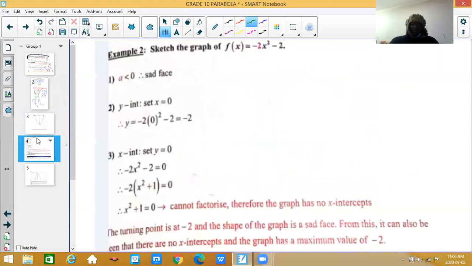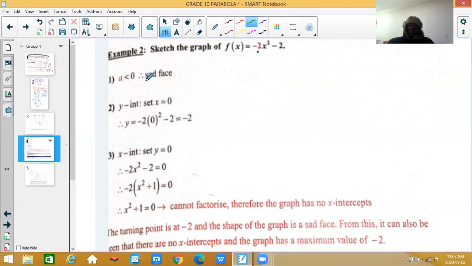Now, let us go on to the next part. On the next part, we want to sketch the graph of f(x) is equal to minus 2x squared minus 2. Take note, as we analyze our graph, the coefficient of x squared is negative 2.